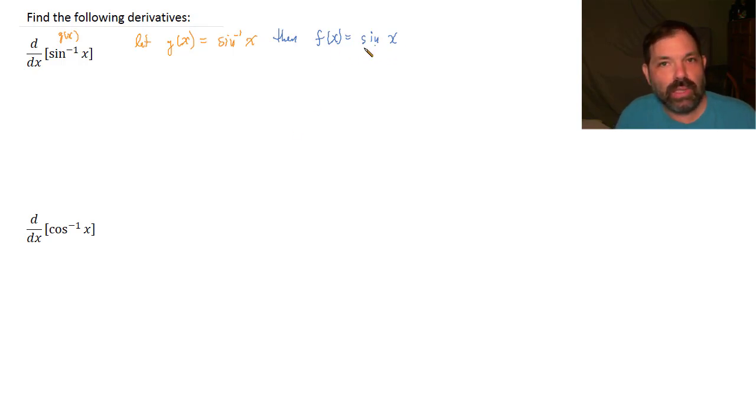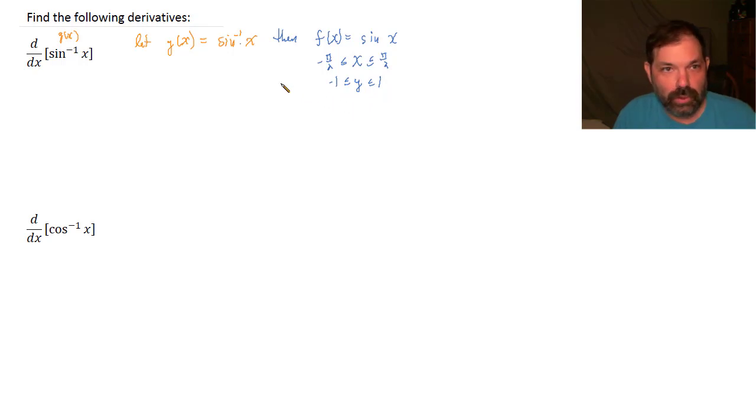So recall that this sine function was only valid, right? To create the inverse, we had to restrict the sine function so that it was only defined on negative pi over 2 to pi over 2. And then the y values for this function were between negative 1 and 1.